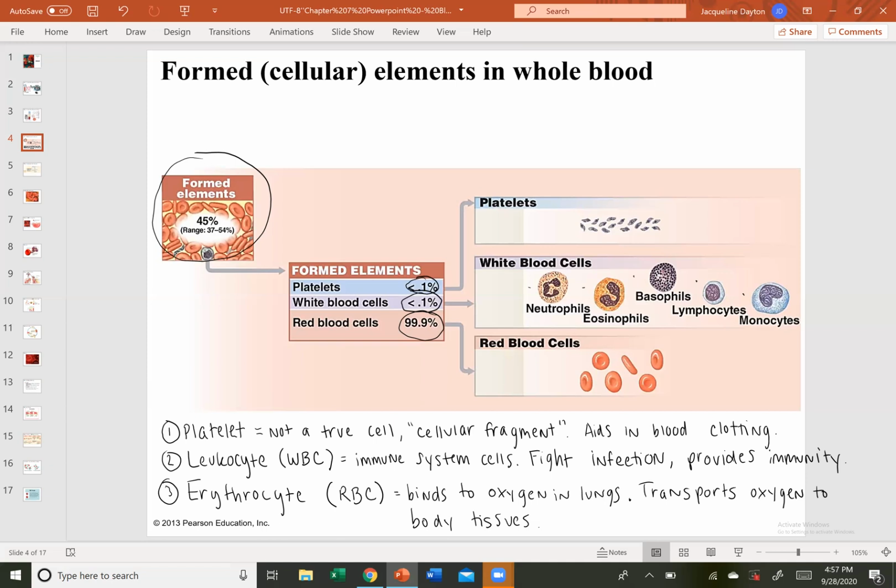If you think back to our previous chapter, chapter 3, the structure and function of the eukaryotic cell, remember, oxygen is used by the mitochondria to create ATP. And ATP is that form of energy that the cell uses to do work, right? So oxygen for the human body is required for every single cell at the cellular level.